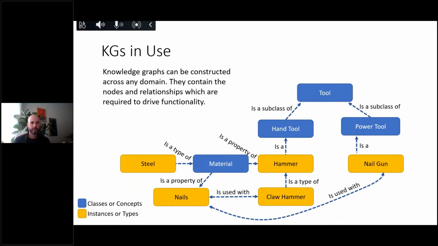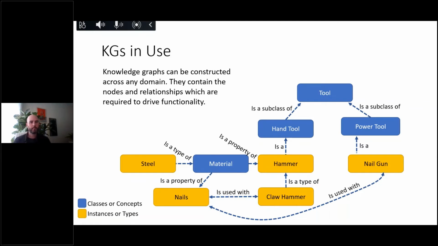So what does a knowledge graph look like? Well, they can look a little different. This is an example here of a tools ontology, or excuse me, knowledge graph. One of the things you might notice about this is it's incomplete. Knowledge graphs are intended to be expanded as more information is added to the graph.